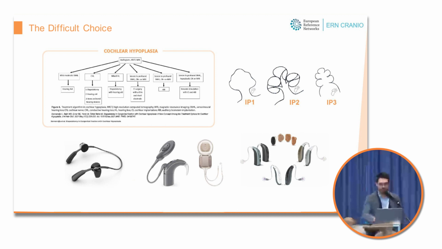And as you can see in the scheme, the shape of the cochlea may be quite different, and the characterization in terms of imaging of these kinds of anomalies is crucial for the overall surgical management of these patients and to assess the risk during the surgery, for example, for gusher, or for the risk of meningitis of these children, who should be advised to have a vaccination as early as possible.